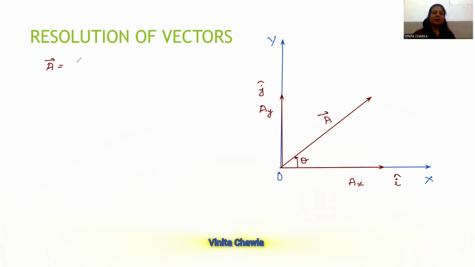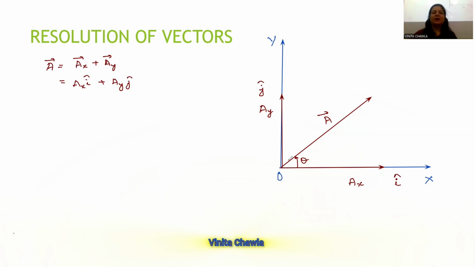So we can write vector A as A x vector plus A y vector. Or a vector can be written as magnitude and its direction. Similarly, we can write for vector A y its magnitude and direction.